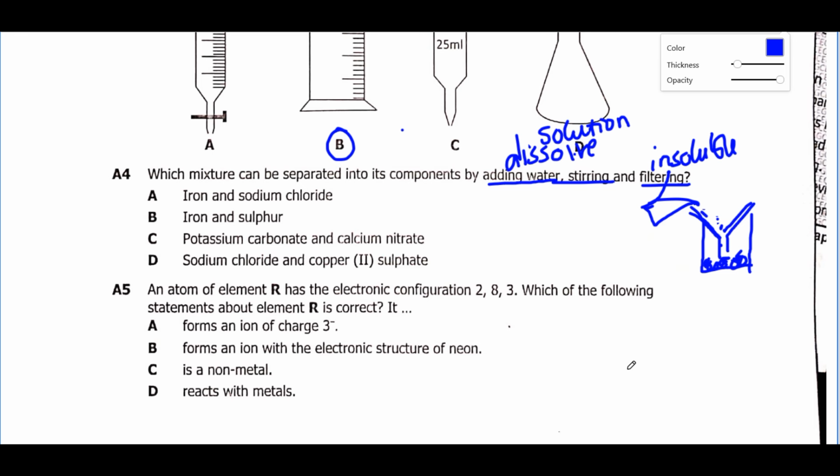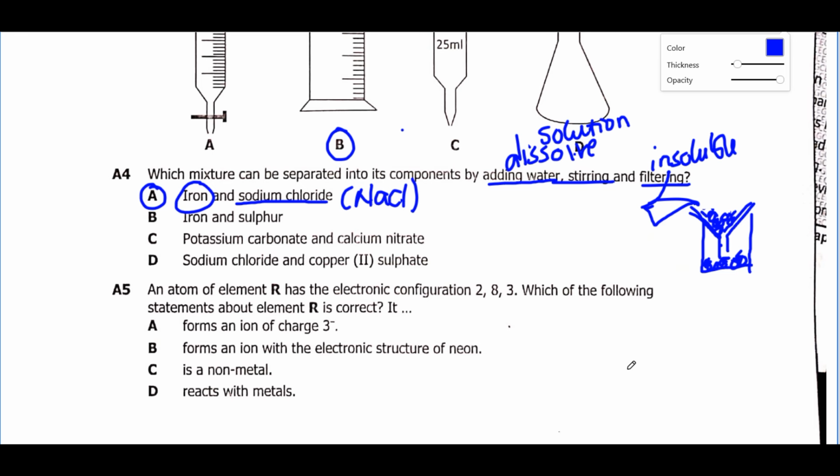The insoluble one will remain on the filter paper. So from the given multiple choices, we look at the substance that can dissolve and the substance that will not dissolve. Sodium chloride is the table salt that we use, and table salt can dissolve. Iron will not dissolve, therefore we'll go for answer A.